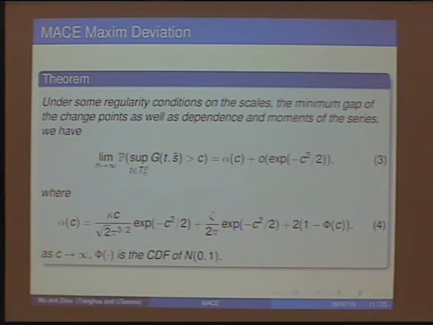You can try yourself, but it's pretty time-consuming. If you have this limiting distribution, you can do it very fast. But the multi-scale limiting distribution is a very difficult problem, so I'm very happy that we can derive this. It saves us a lot of time in doing the inference.